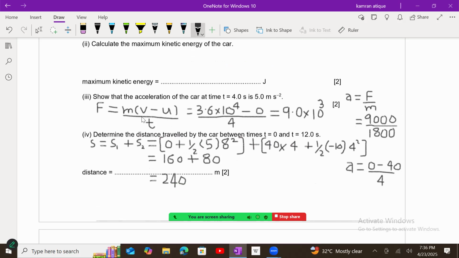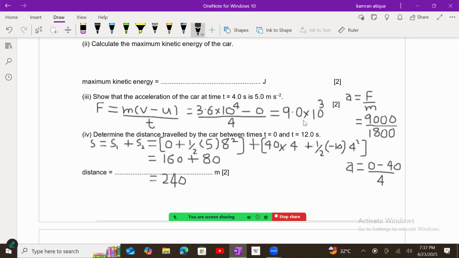So I have substituted the final momentum of the 4 second equal to 3.6 into 10 raised to the power 4, the value taken from the graph, minus initial momentum, which is equal to 0 when the stopwatch is started. Overall, the value of momentum changed from 0 to 3.6 into 10 raised to the power 4 newton second in 4 seconds.